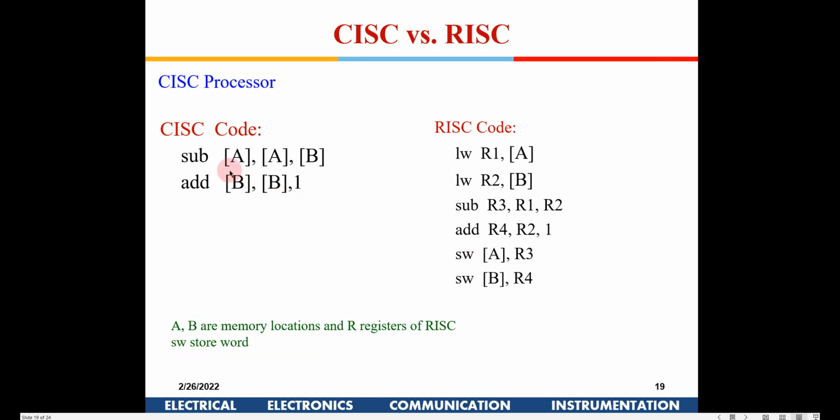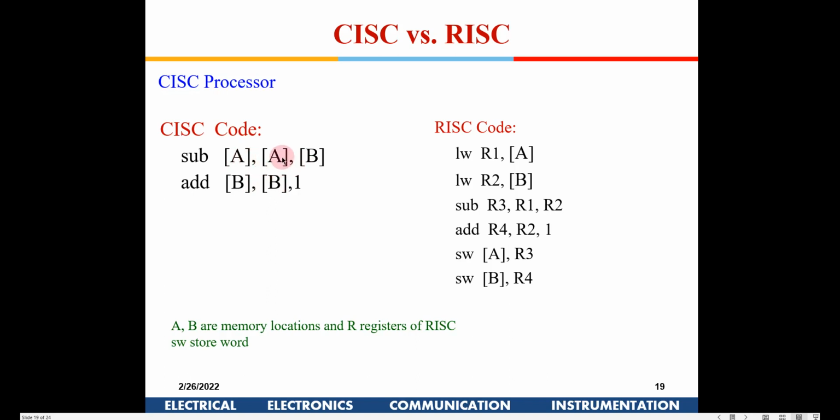For example, suppose I have to subtract A and B and put the result into A. Within square brackets, A means it's a memory location, not a register. For registers we will use the nomenclature R. When I write [A], it means some memory location in the RAM.